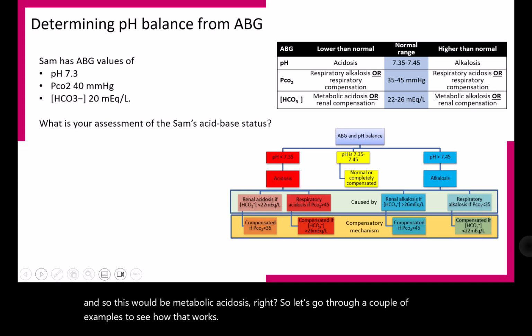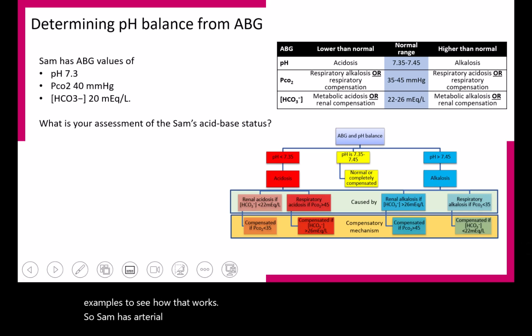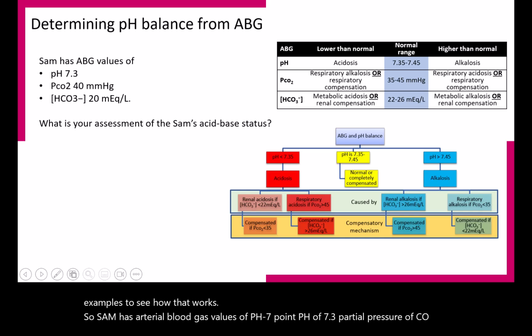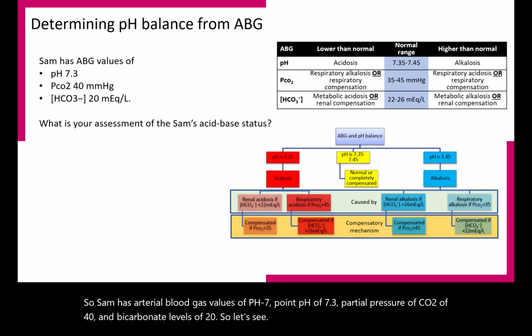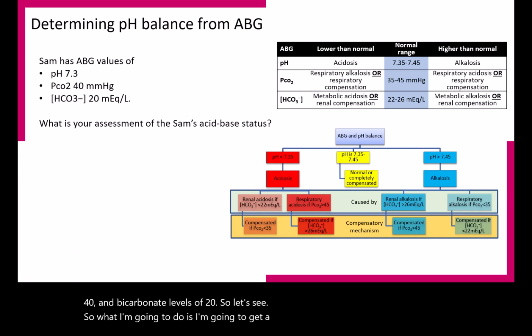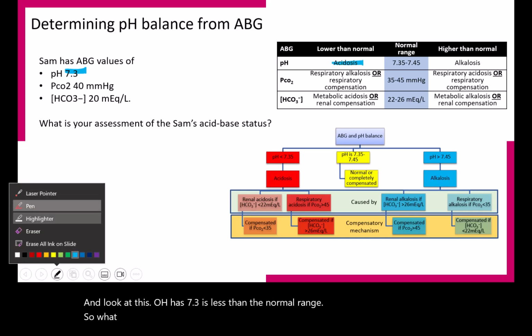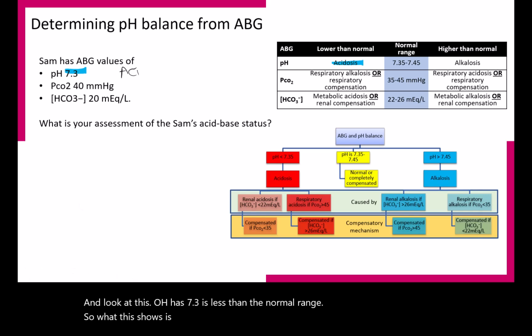So Sam has arterial blood gas values of pH of 7.3, partial pressure of CO2 of 40, and bicarbonate levels of 20. So what I'm going to do is get a highlighter and look at this. pH of 7.3 is less than the normal range. So what this shows is that Sam has acidosis. Now, let's look at the other 2 values.